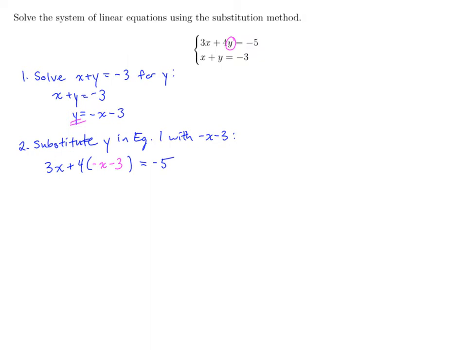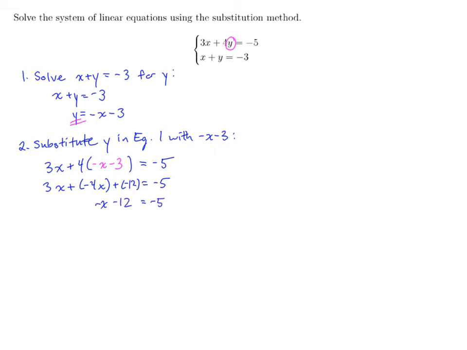I'll distribute the 4 across negative x minus 3 as my first step, and get 3x plus a negative 4x plus a negative 12 equal to negative 5. This will now simplify to negative x minus 12 equals negative 5.